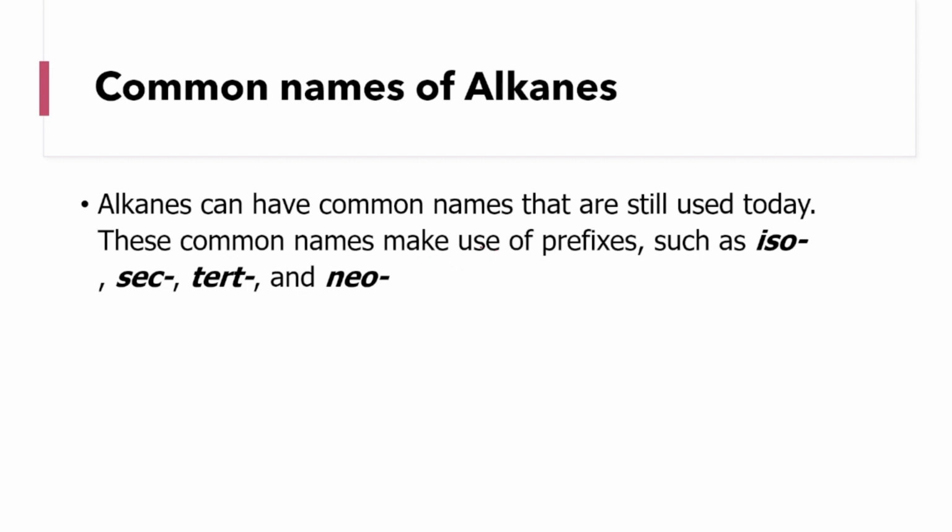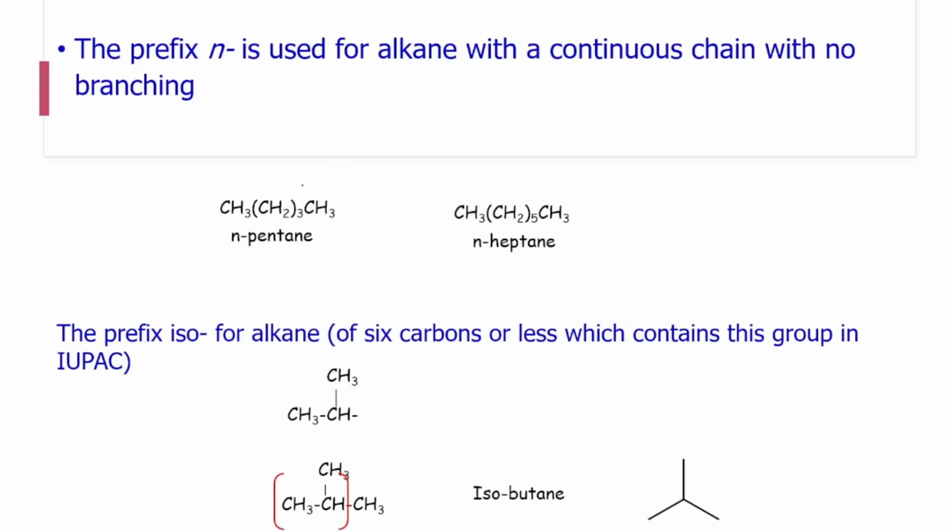They are just prefixes that are added to the name, for example, iso, secondary, tertiary, and neo. Let's see examples of the common names so we can understand what we are speaking about.